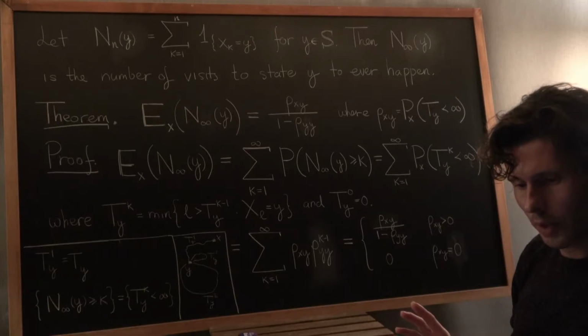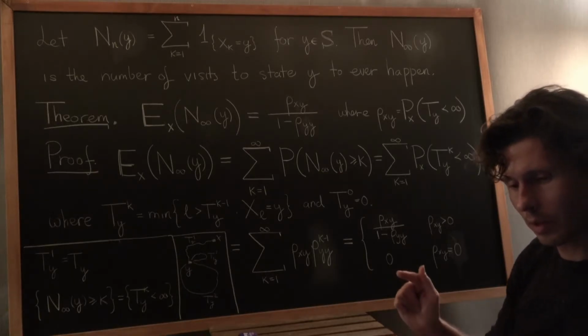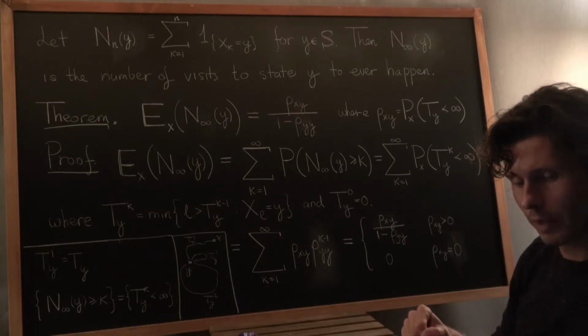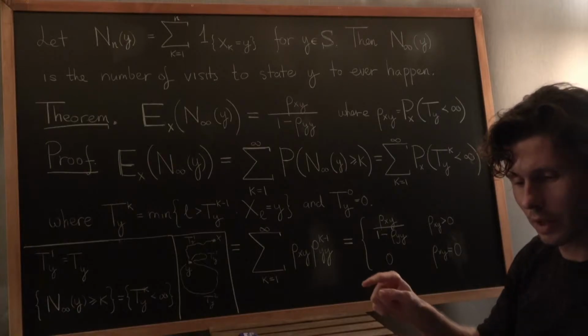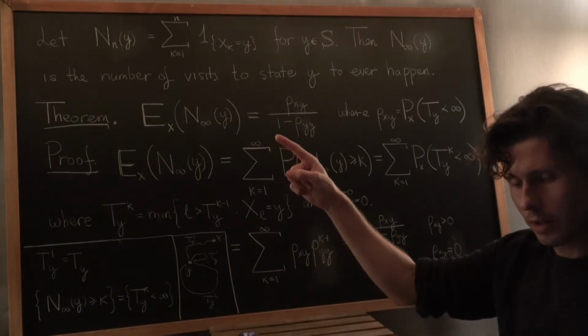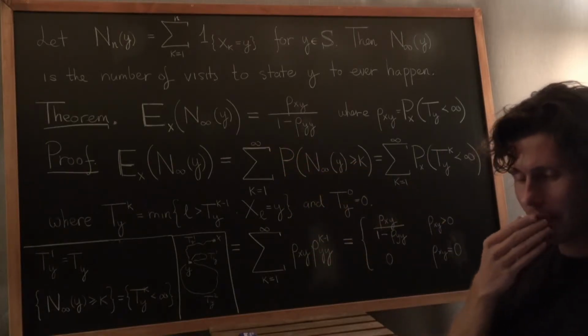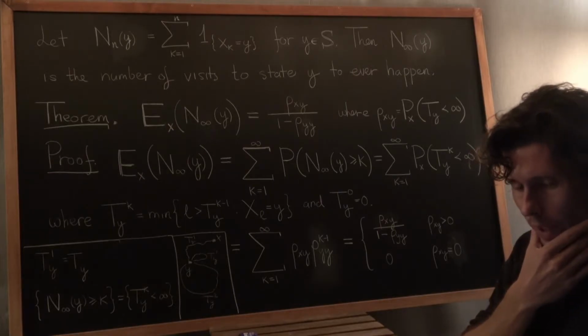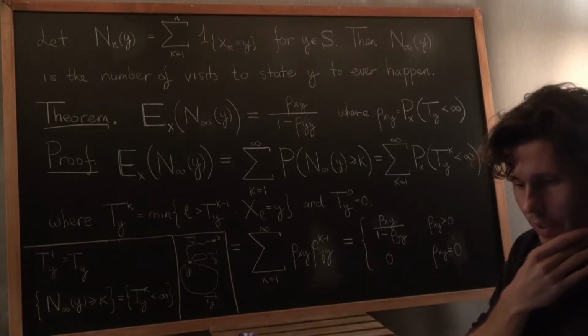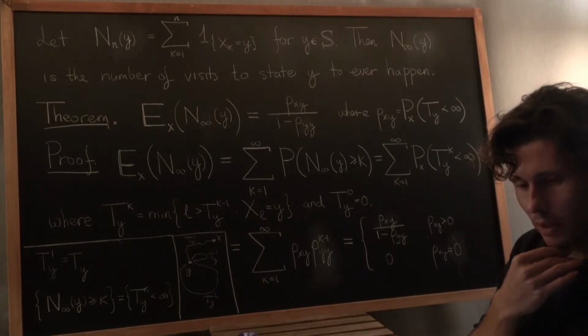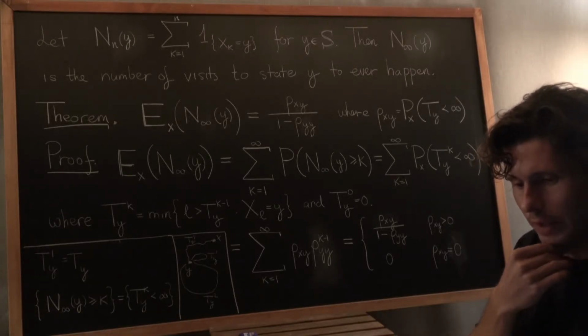I will get there, and I'll try to squeeze it into the next clip: why this is useful, and how this lets us determine when a state is recurrent. We'll see examples of this in the next lecture, worked out in full detail as well.